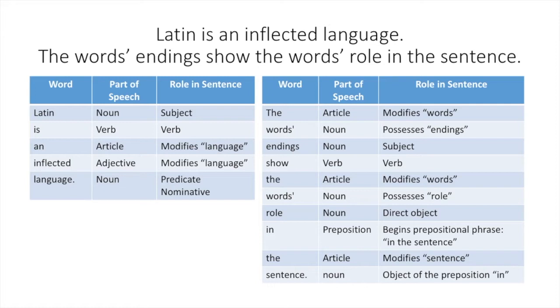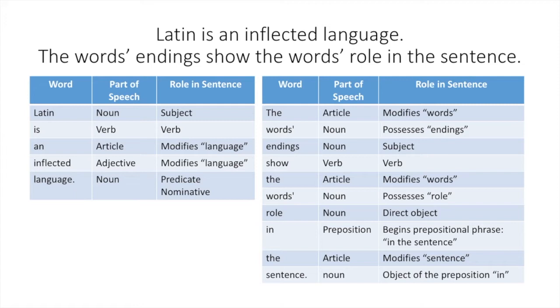You can also have objects of a preposition that follow the preposition, and sometimes a noun that's possessing another noun comes before the noun it possesses with an s apostrophe if the possessive noun is plural, or an apostrophe s if the possessive noun is singular. Latin shows these things with their endings.